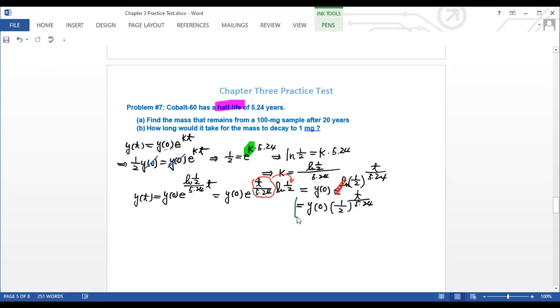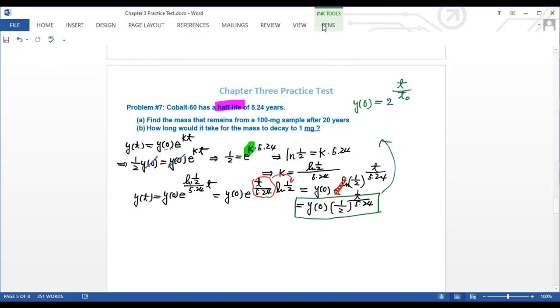This is the formula we're going to use. If you remember that this is the half-life formula, the same way works for doubling time, so you don't need to derive it. The doubling time will just use 2 instead of 1/2. So here t is whatever time gives you the doubling time, like 5.24 gives you the half-life.